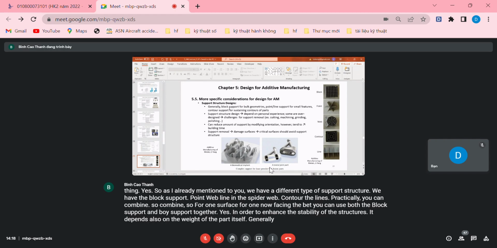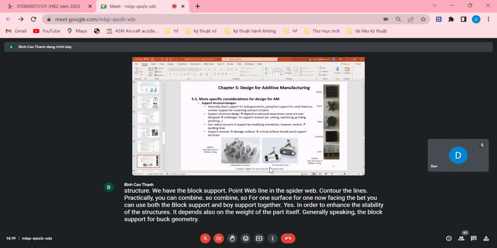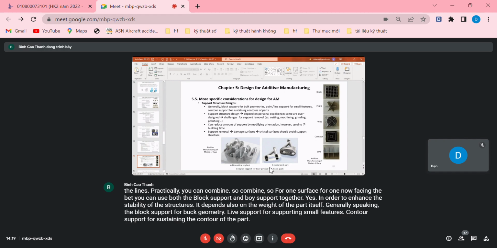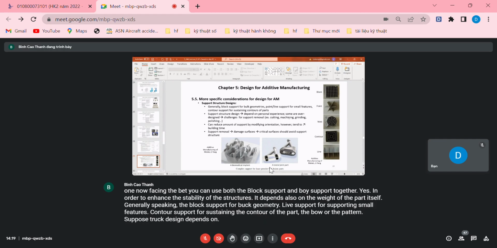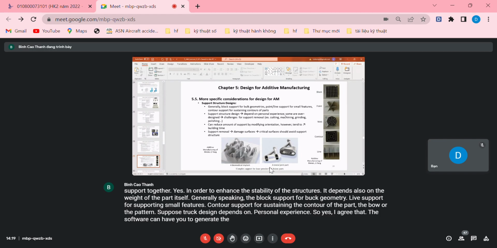Generally speaking, the block support is for bulk geometry, line support for supporting small features, contour support for sustaining the contour of the part, the bow of the part. Support structure design depends on personal experience. So yes, I agree that the software can help you to generate the support structure.